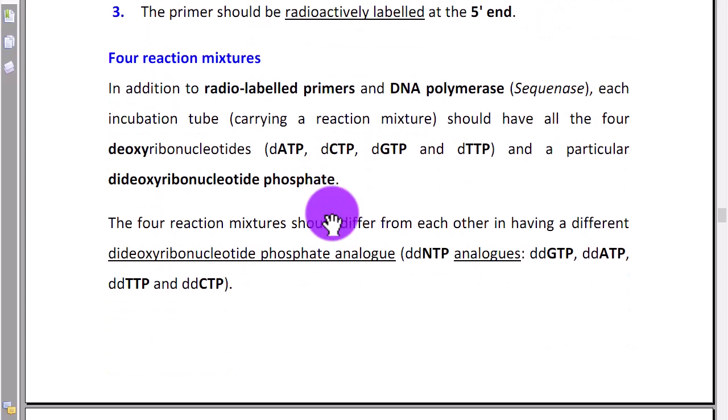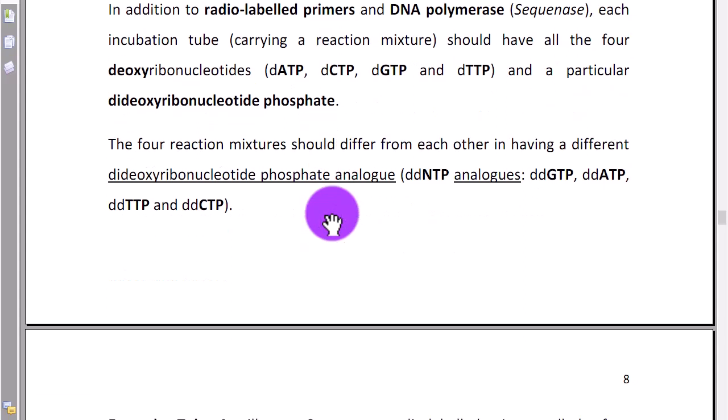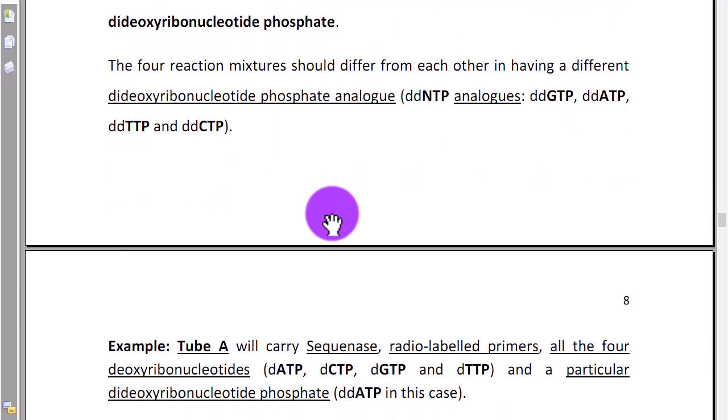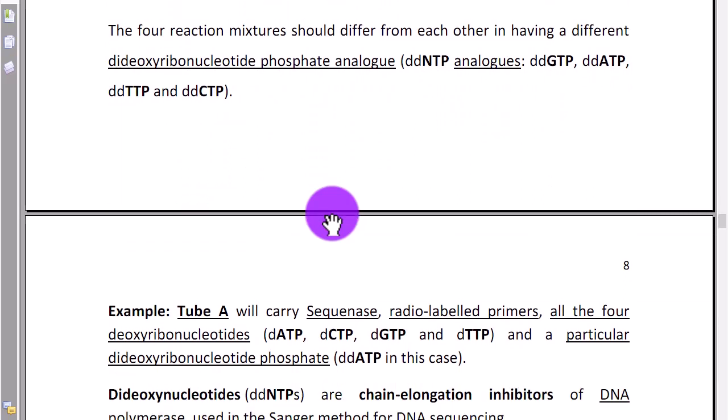For the reaction mixture, in addition to radio-labeled primer and DNA polymerase, each incubation tube carrying a reaction mixture should have all four deoxyribonucleotides, dATP, dCTP, dGTP, dTTP, and a particular dideoxyribonucleotide triphosphate. The four reaction mixtures should differ from each other in having a different dideoxyribonucleotide triphosphate analog.